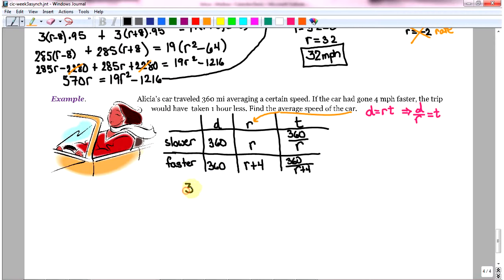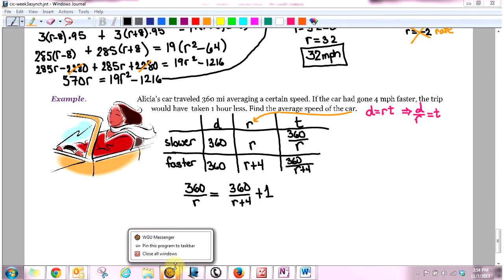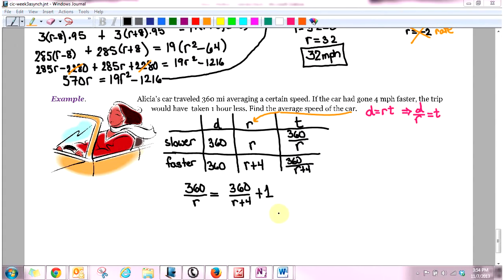So the slower time, 360 over r, would equal the faster time, 360 over r plus 4, plus an additional hour. So this is going to be our equation that we need to solve.